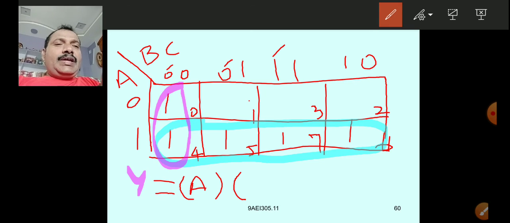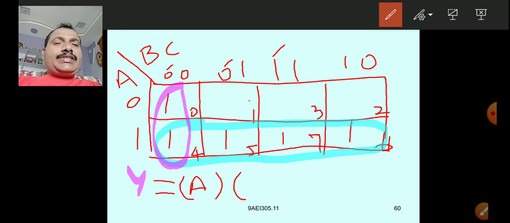That means when you pass from left to right, the variable is changing from 0 to 1. Then you have to eliminate that variable if it changes like that. Whether it changes from 0 to 1 or 1 to 0, whatever it may be, then that variable must be eliminated. So B is eliminated.